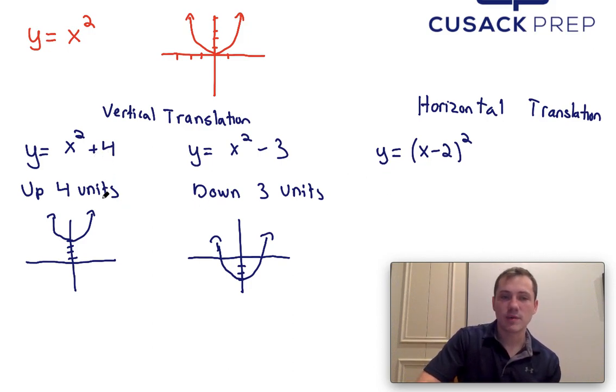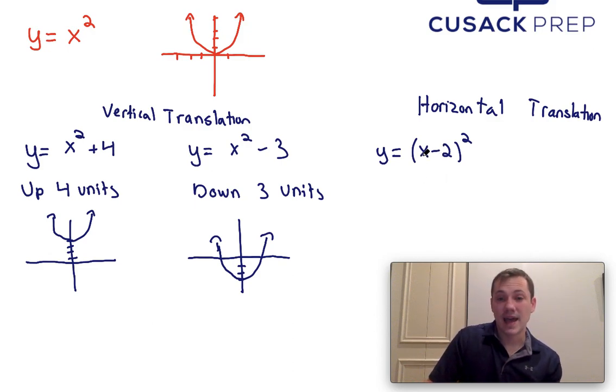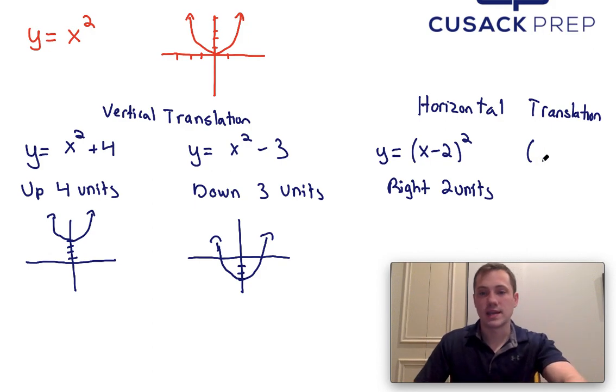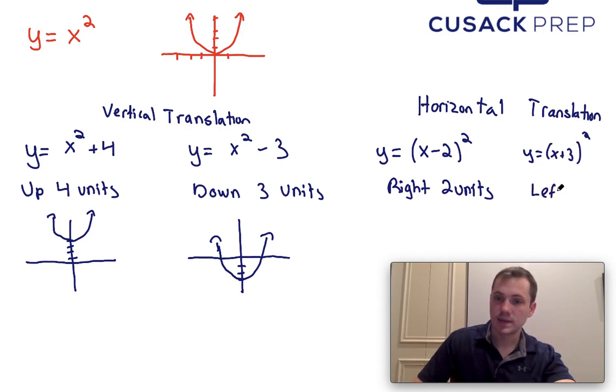So plus 4 meant up 4. Well, if you think of minus 2, you usually think of going to the left. However, x minus 2 is going to be shifted right 2 units. It's the opposite of what you think it would be. And if we had something like y equals (x plus 3) squared, that one's going to be left 3 units.